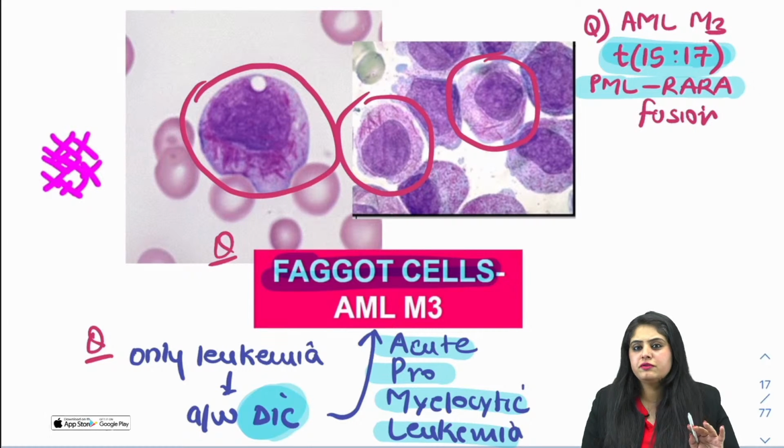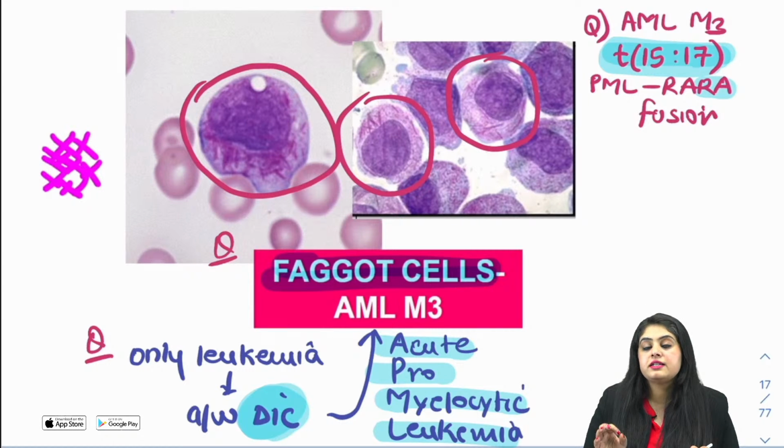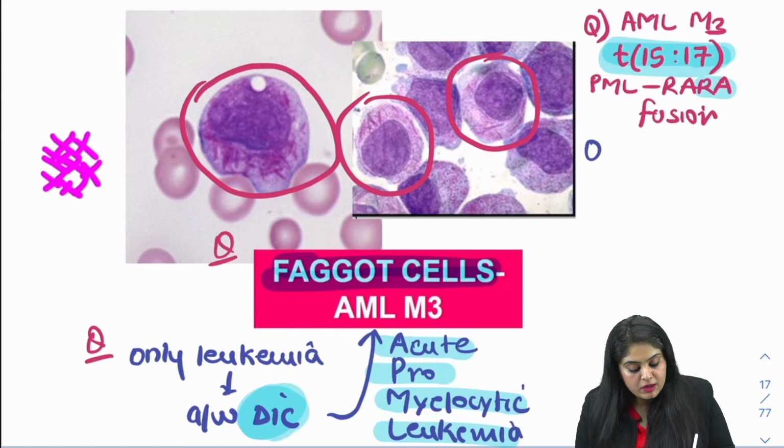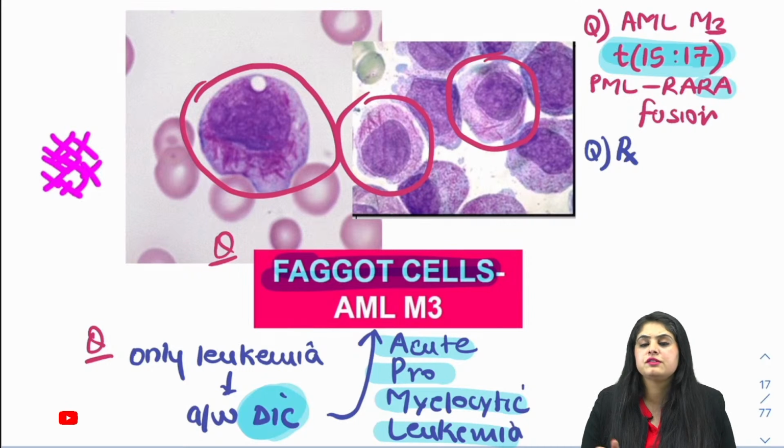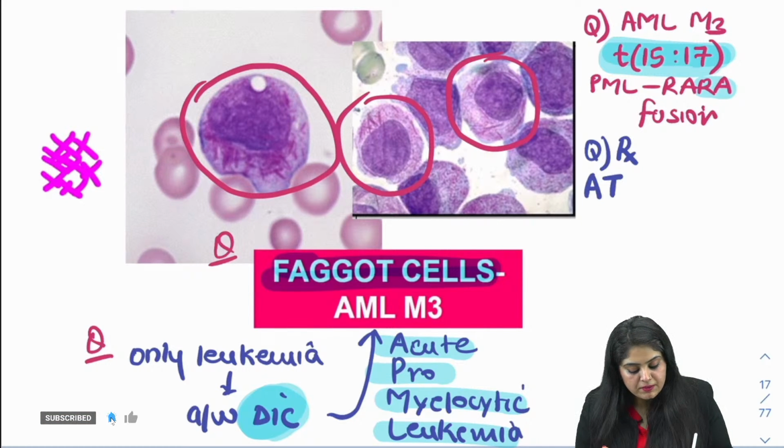I don't want you to know the full form, but if you ever noticed, what is RARA? RARA is retinoic acid. Basically, ma'am, the problem is in retinoic acid. That means when I treat this patient, I will have to treat him also with retinoic acid. Retinoic acid means vitamin A. So the treatment is ATRA, all-trans retinoic acid, and arsenic trioxide.